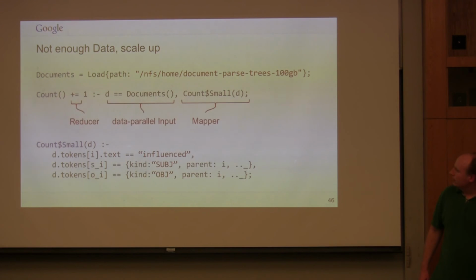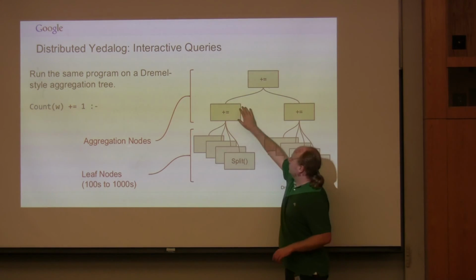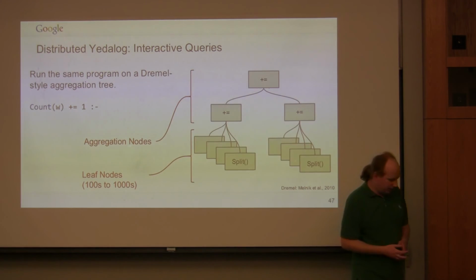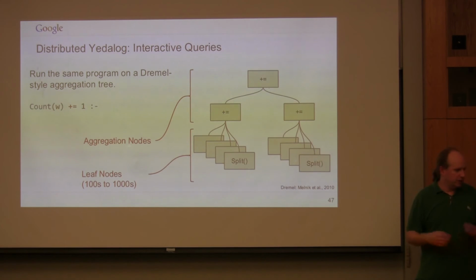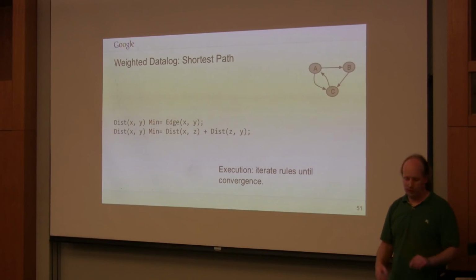Okay. So now that we have split this up into our mapper, we can just run this on our aggregation tree, right? For example, we can just move the mapper down here. We can run the combiners in our aggregation nodes and everything is happy. We can also map this to Fluent, right? We have from any 2 points to each other.